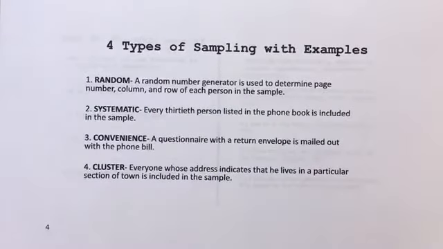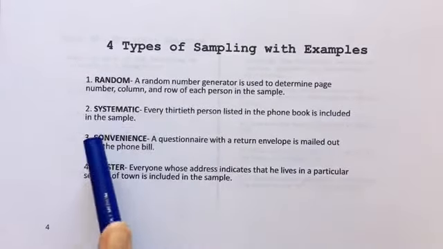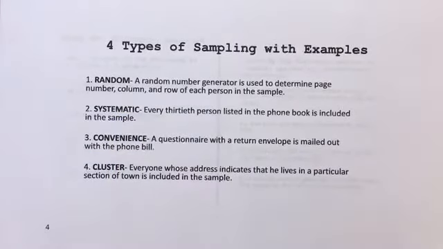For example, if we wanted to get information on how often people go grocery shopping, we could assign each person a number and then use a random number generator or something random to pick out people that we are going to call and ask that question. Completely random.